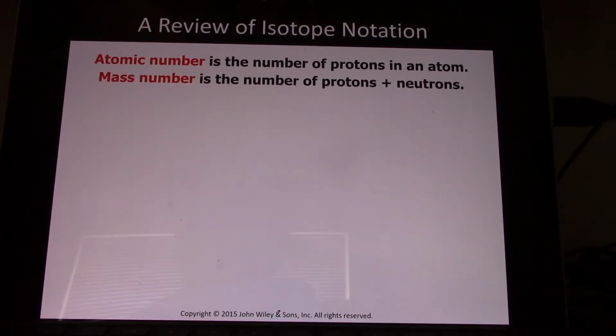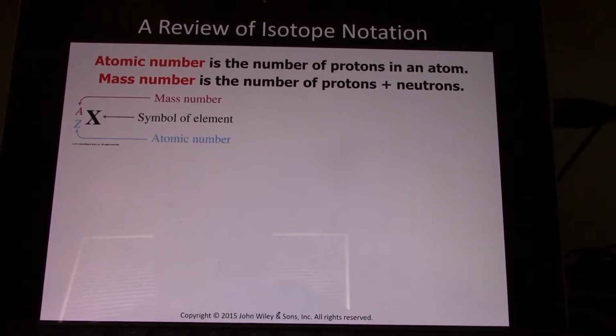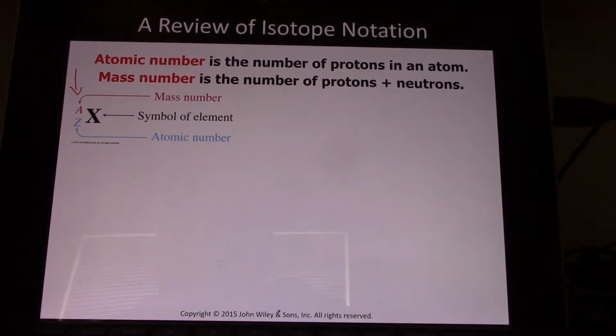The mass number is the number of protons plus neutrons. In our basic symbol, you have the chemical symbol of the element. The mass number is in the upper left, which is protons plus neutrons. The atomic number, just protons, is on the lower left.